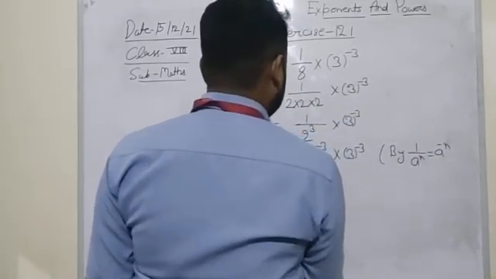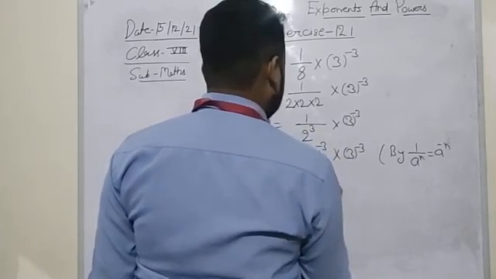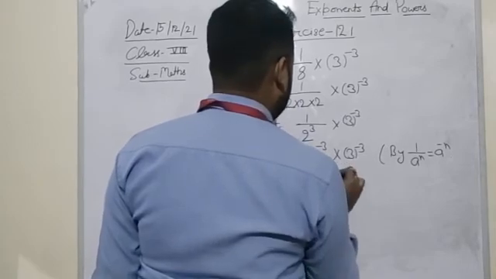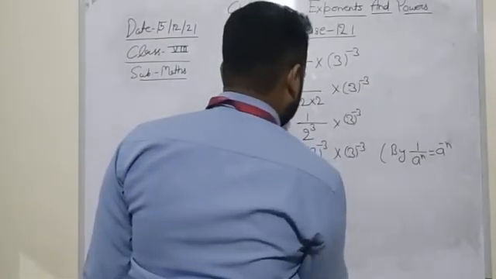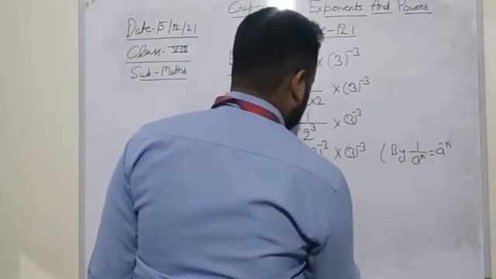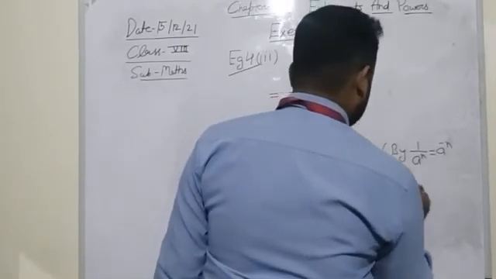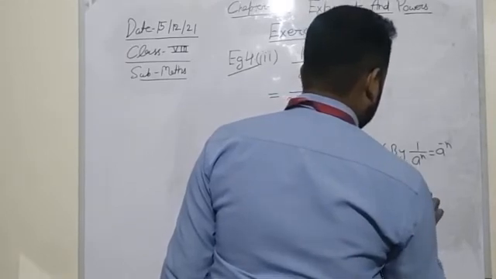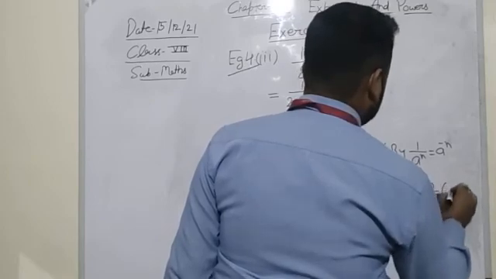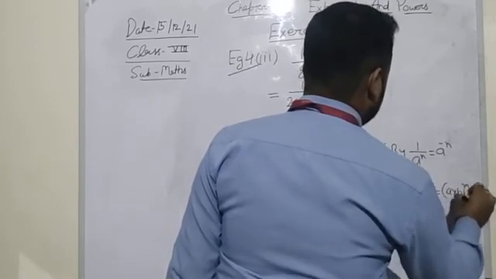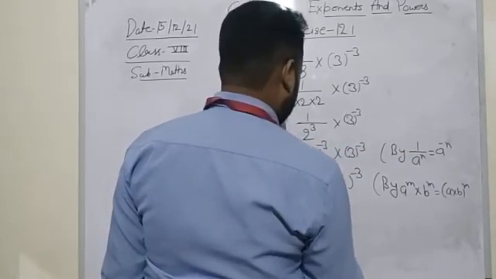Now this can be written as 2 into 3 whole to the power minus 3, by a to the power m into b to the power m is equal to a into b whole to the power m. 2 into 3, 6 to the power minus 3.